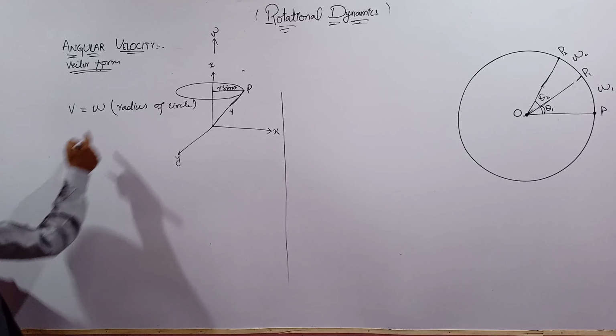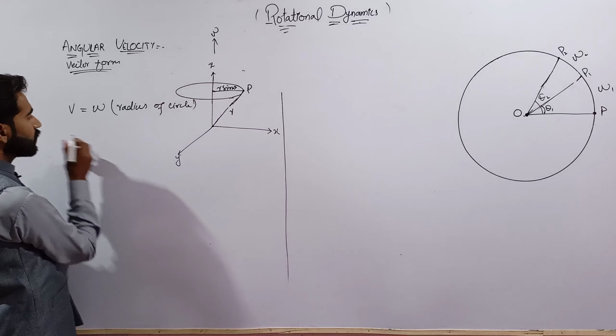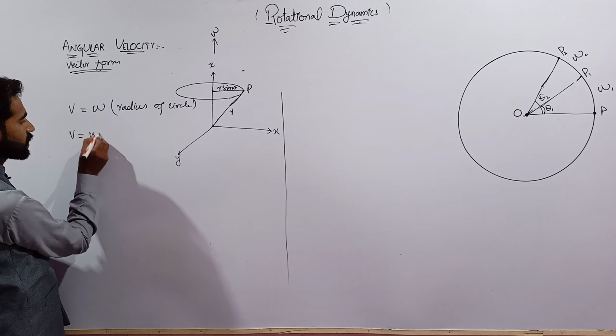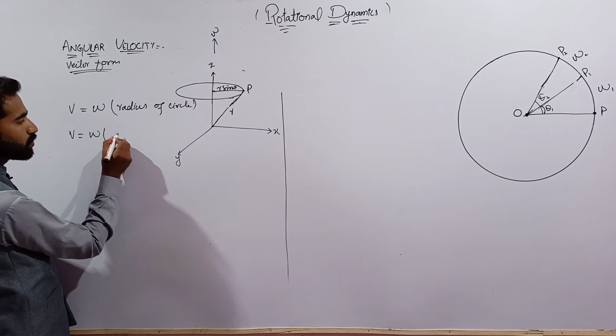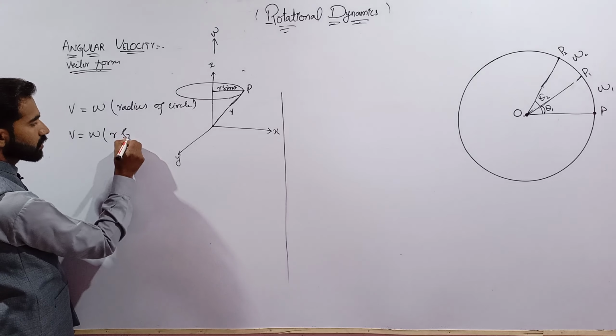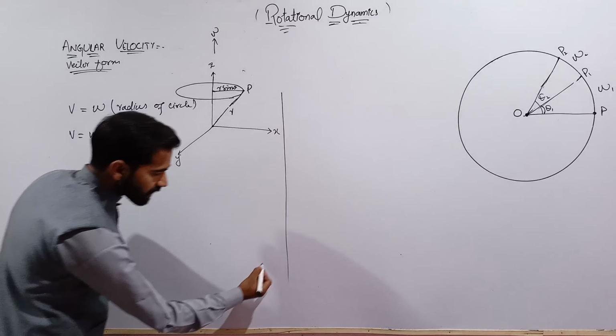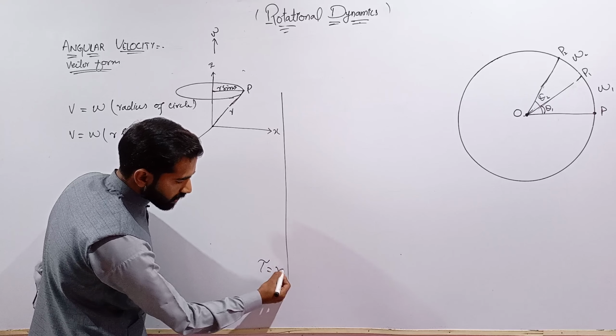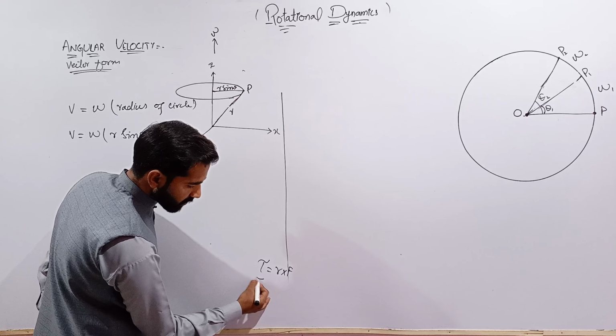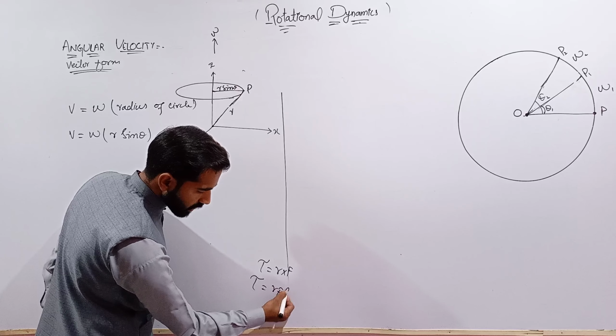So v is equal to omega into r sine theta. As we know, the torque is equal to r cross F, which is r F sine theta.